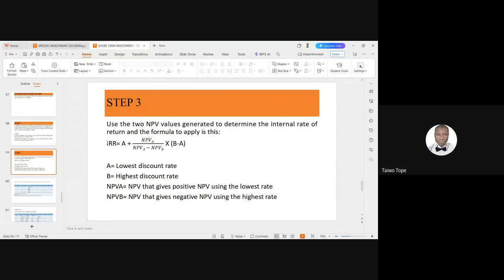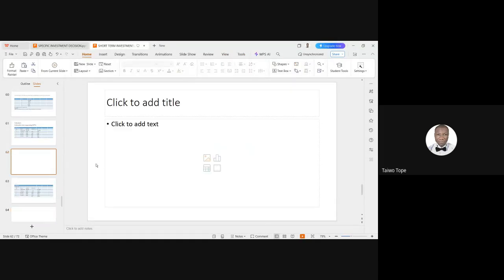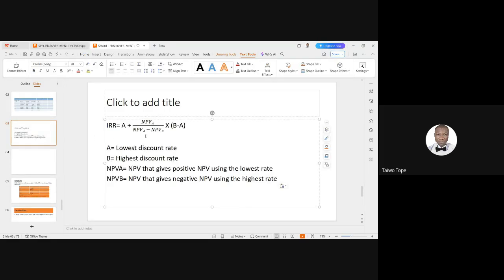Let me copy all this. So using this formula, based on what we've computed, what is A?